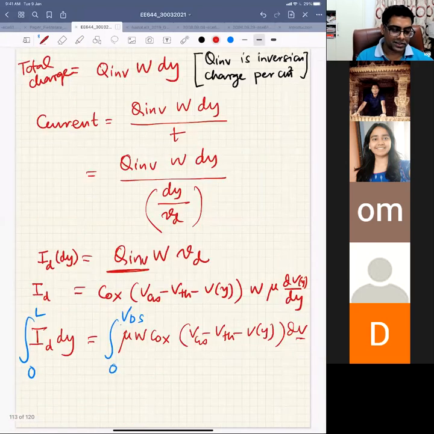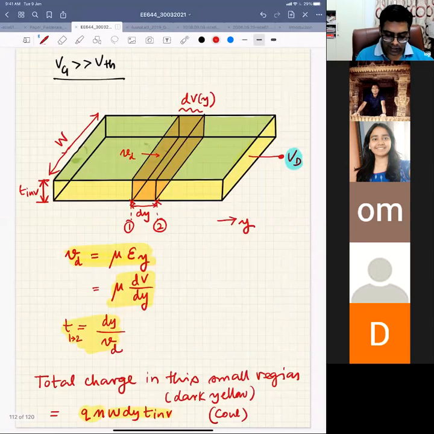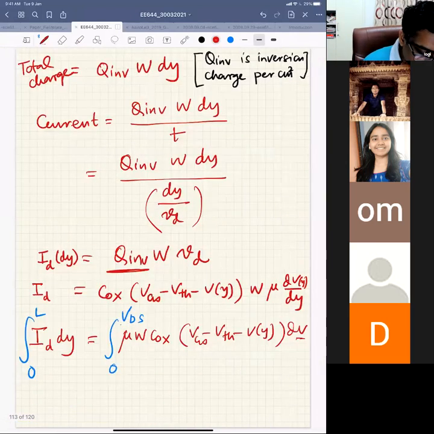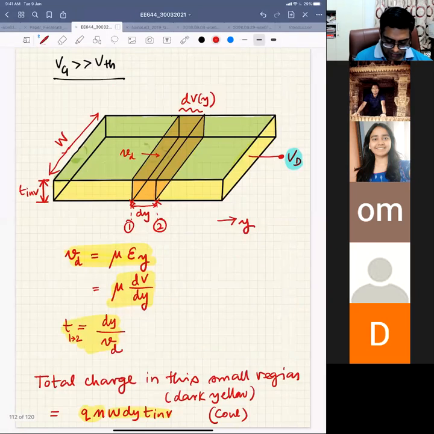I can write this total charge in coulomb in terms of Q inversion, which is the inversion charge per centimeter square. The surface area of this small region is W times dy.